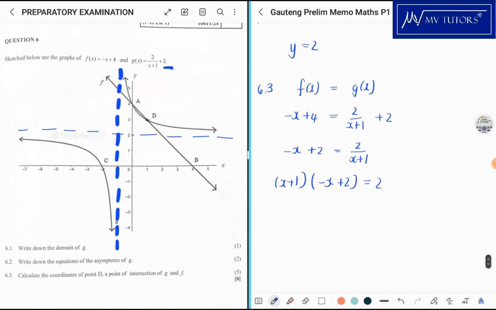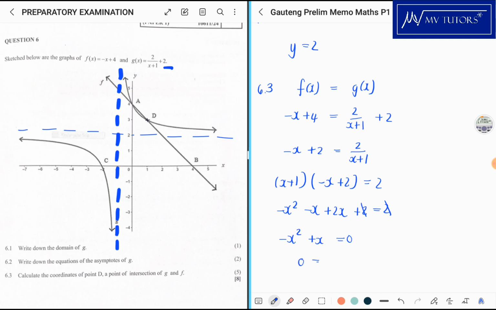Now let's just multiply out the brackets. I have negative x squared minus x plus 2x, and then plus 2 is equal to 2. So here I can already see that these two can cancel out, and then I'm left with negative x squared plus x equals 0.